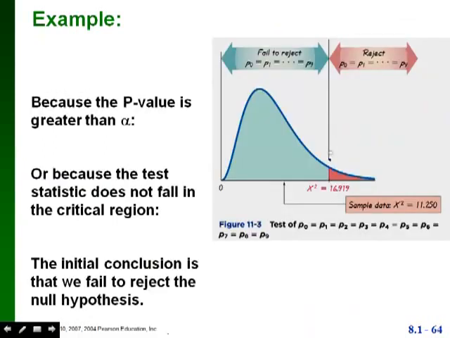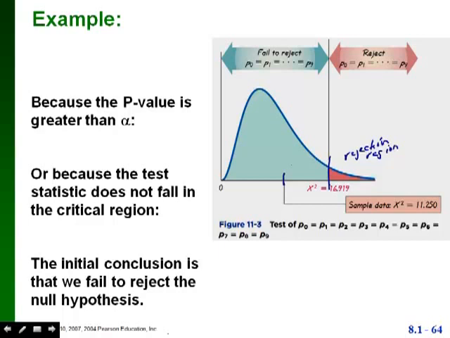So for using that critical value, we would graph it on our chi-squared distribution picture. So there's our critical value. Our test statistic was 11.250, which would be over here somewhere. So it is not in our rejection region. Our rejection region is over here. So that would tell us that we would fail to reject the null hypothesis.